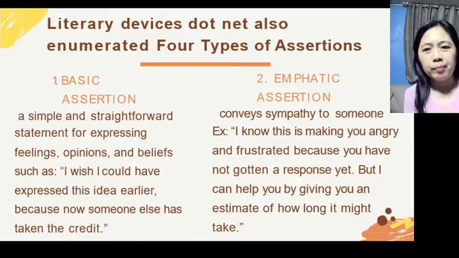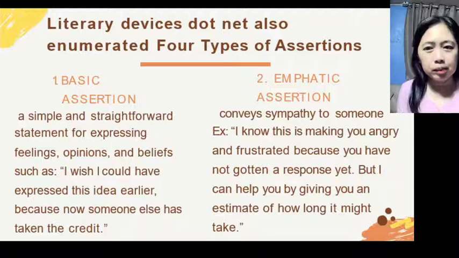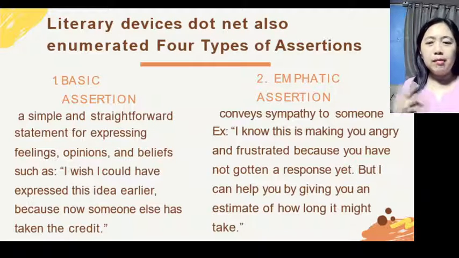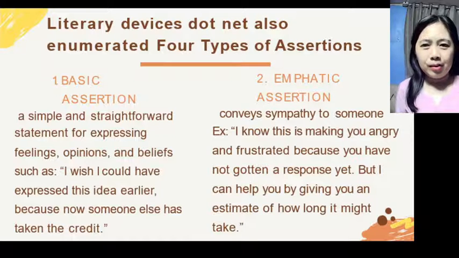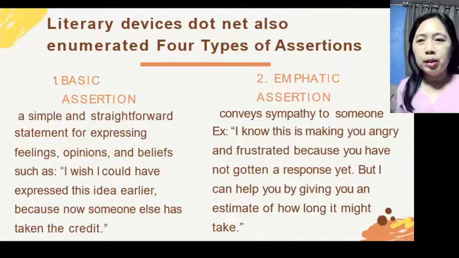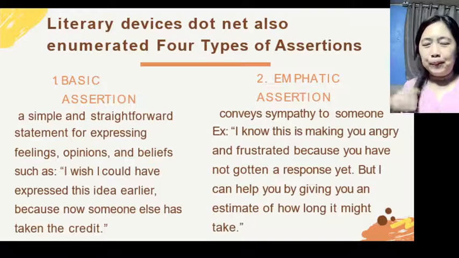Okay, pero you have not gotten a response yet, but I can help you by giving you an estimate of how long it might take. Kabalo ko dugay pa kayo maabot ang imuhang sweldo. Okay, pero kinaara ko nga pwede ra ka pa uslon. So nagsimpatiya kaniya, di ba? Okay, hope sakto ang ako pa-explain.